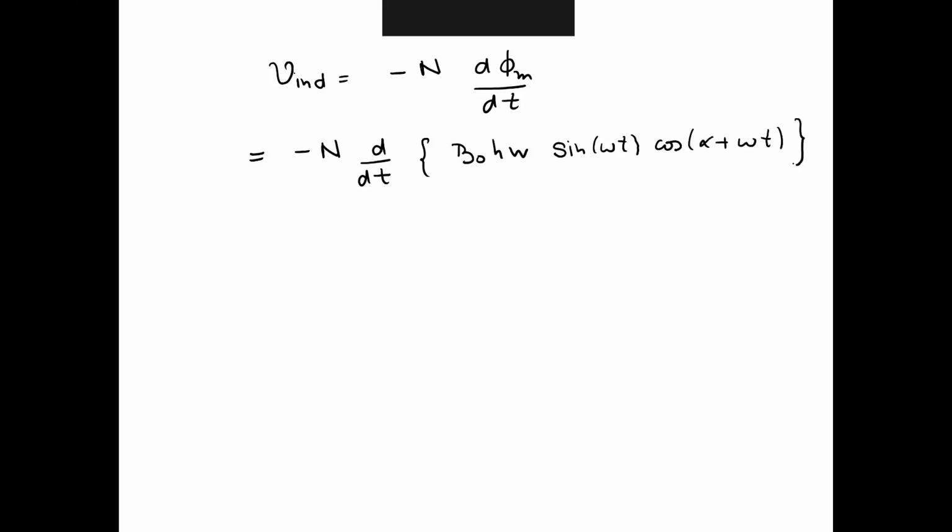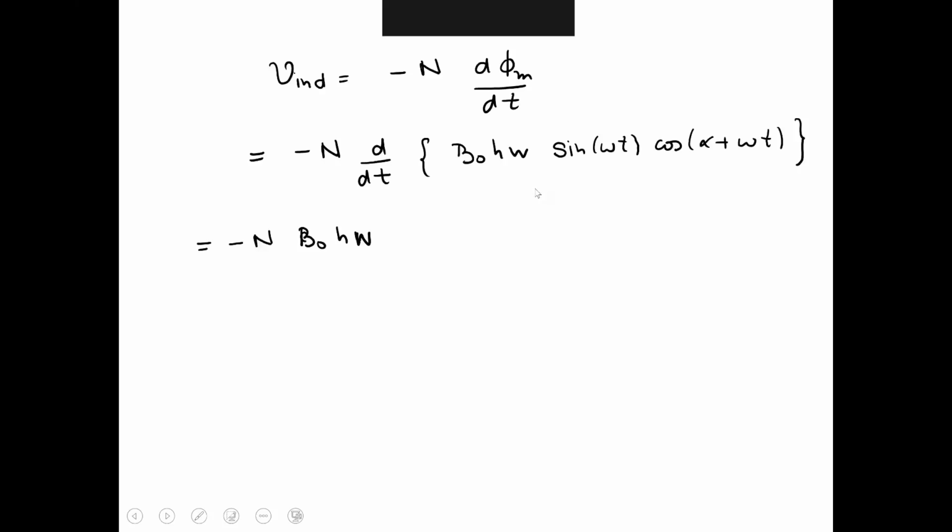If I just use the chain rule for the derivative, I will get minus n B naught h w. Then I differentiate sine omega t first, and I get omega cos of omega t times cos of alpha plus omega t.